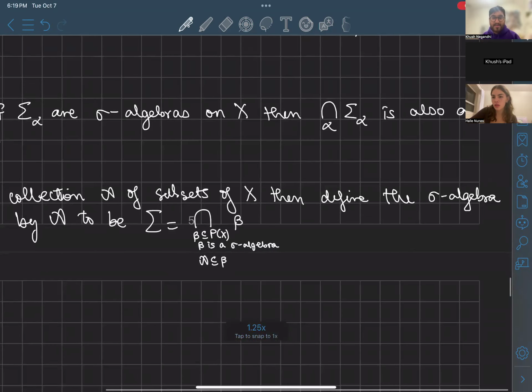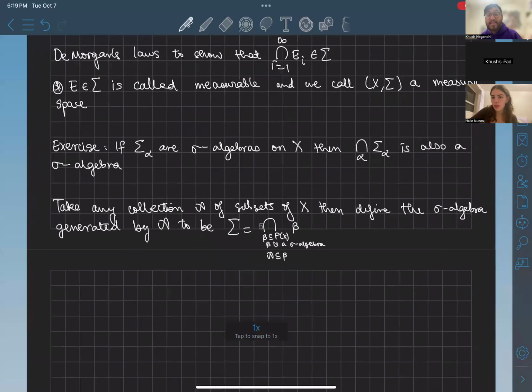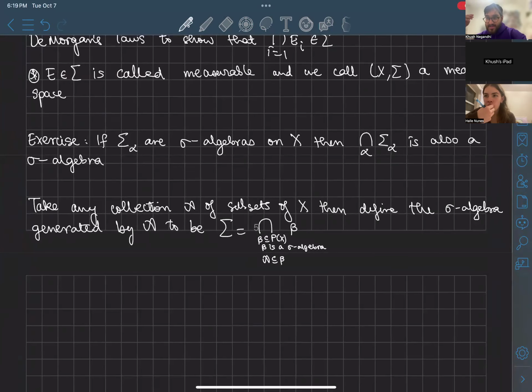So this is just the sigma algebra. And then we know that this is a sigma algebra by the exercise. And we know that this is the smallest sigma algebra that contains this collection. And the reason for that is because any collection that contains A must be a subset of this sigma algebra by definition.